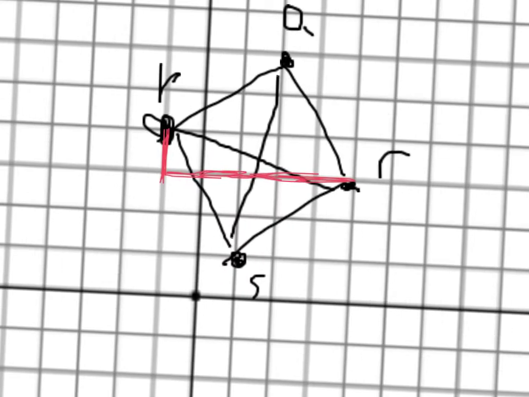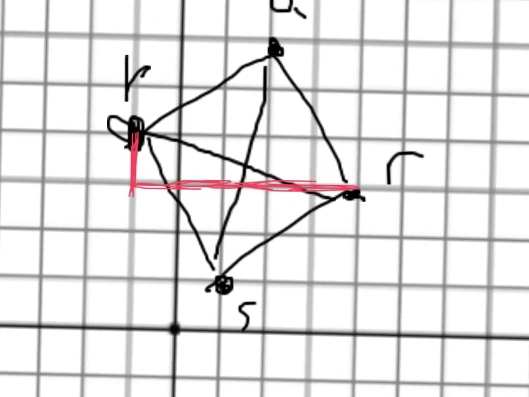Let's look at QS. Our rise is down 1, 2, 3, 4, 5, and left 1. So we've got -5 over -1.